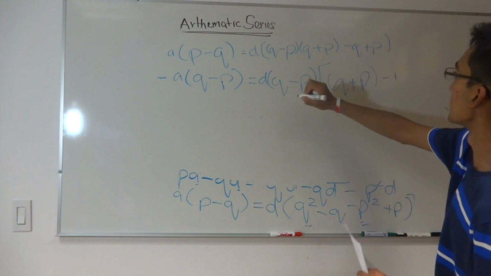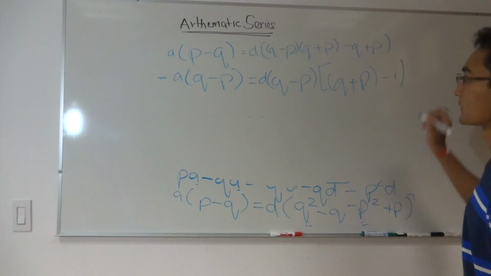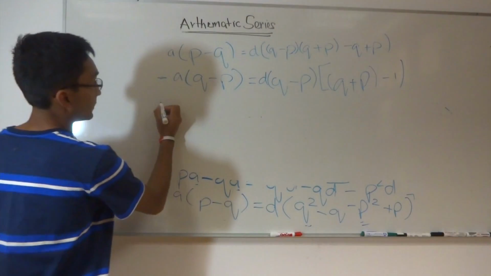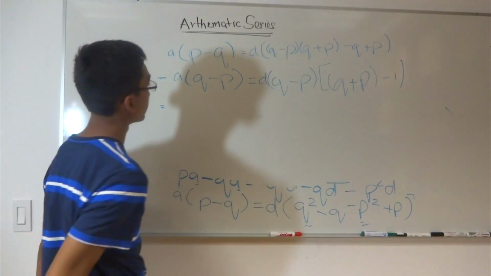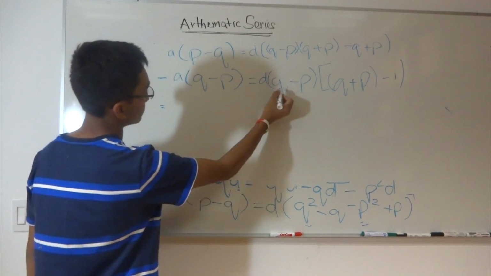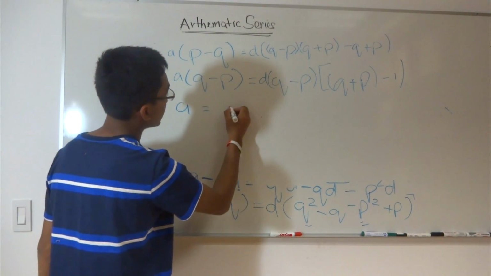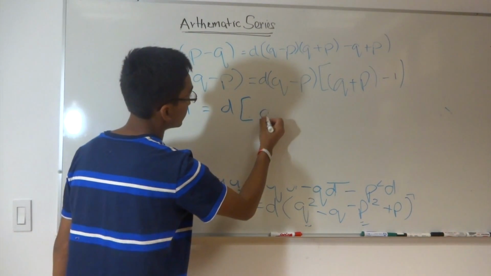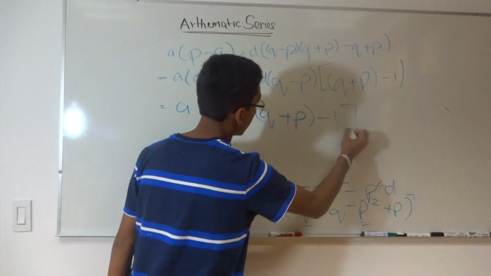Yes, because that would give you plus p and minus q. So close the brackets. Now you guys can cancel out q minus p and q minus p. Take this to the other side. Divide. Yeah, a is equal to d times (q plus p minus 1).